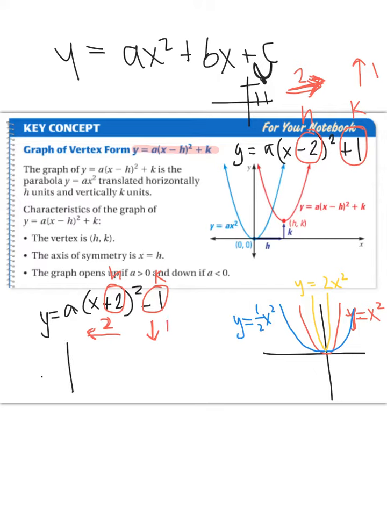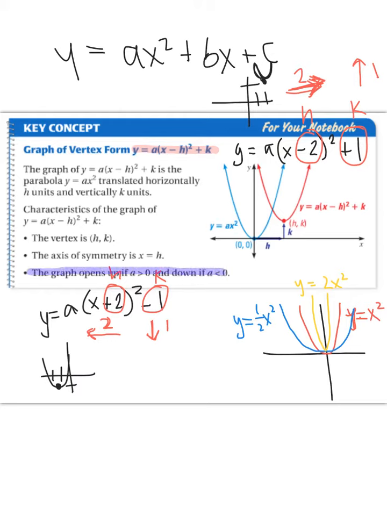So on my axis, I would go left 2, down 1, and plot my vertex. This is assuming that a is positive, right? Because my parabola is opening up.